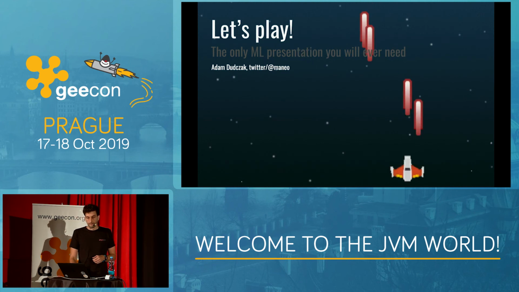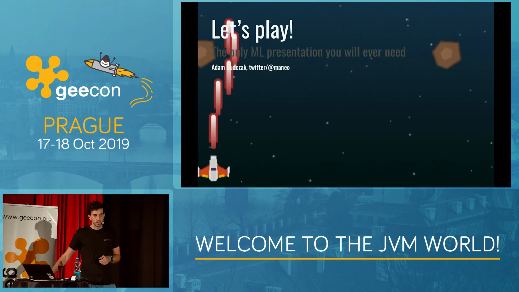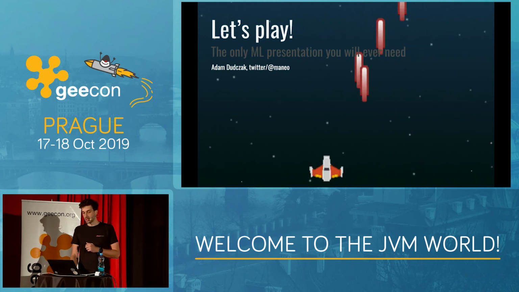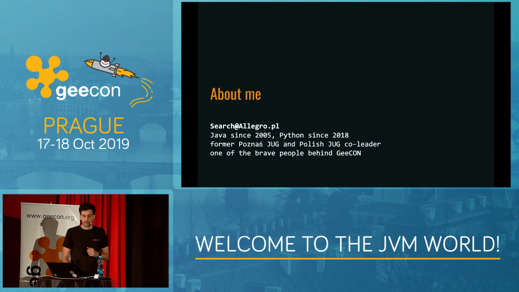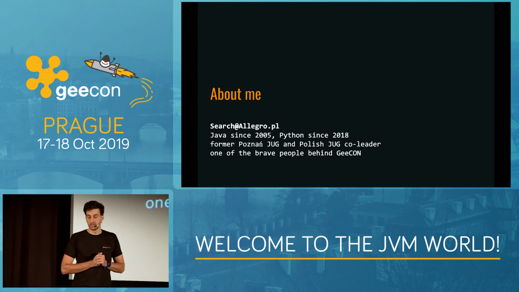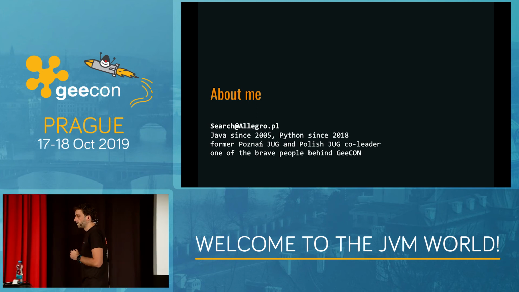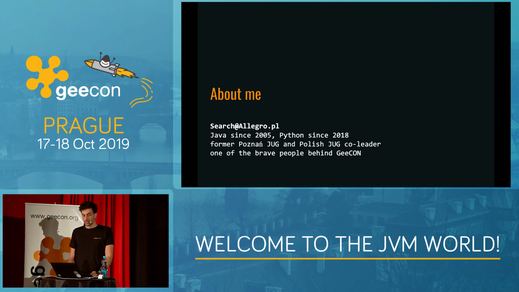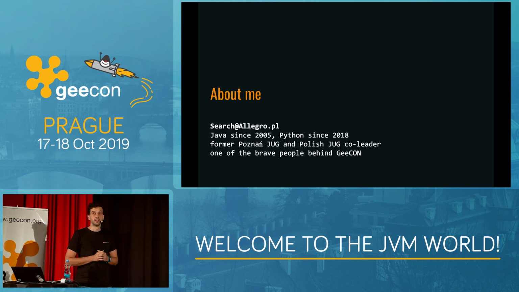So, we want to teach a computer to play games, the games you see in the background. But before that, a few words about me. I work at Allegro, the biggest e-commerce site in Poland. I've been involved in Java-related projects for quite a while, and also do Python a bit, especially in the area of data science.